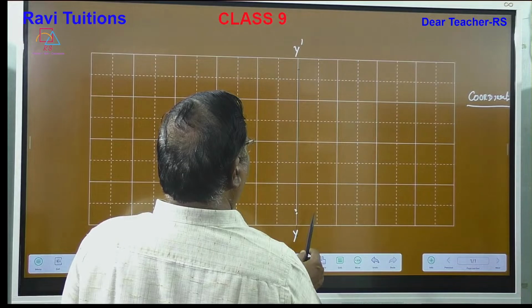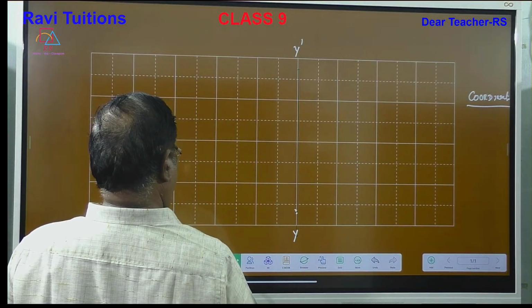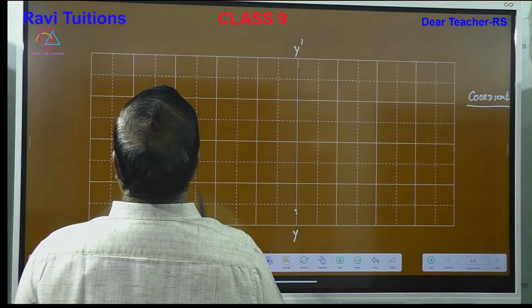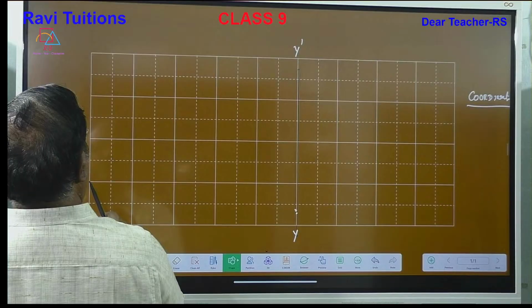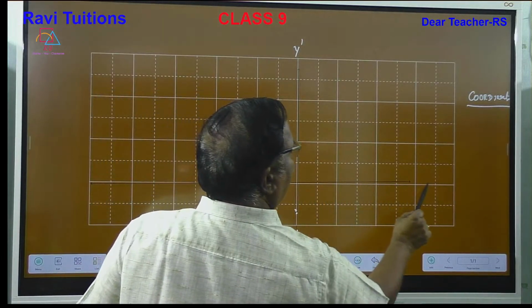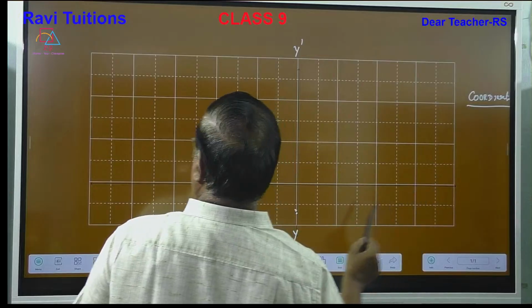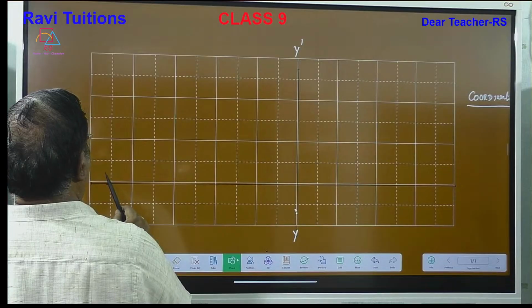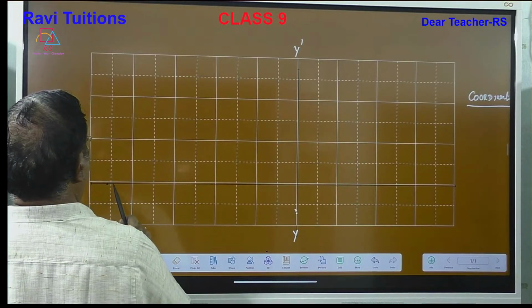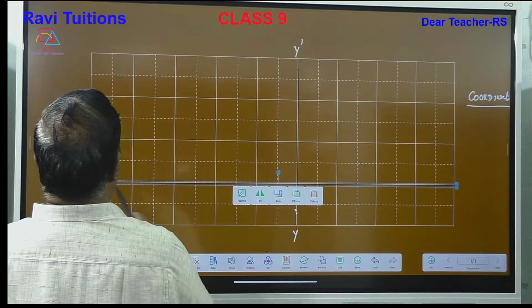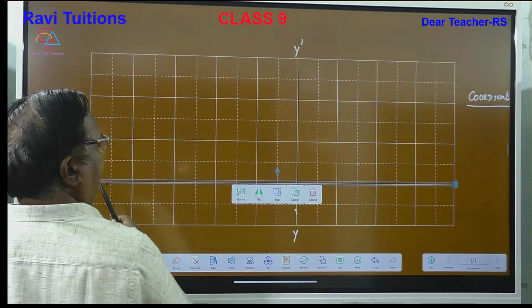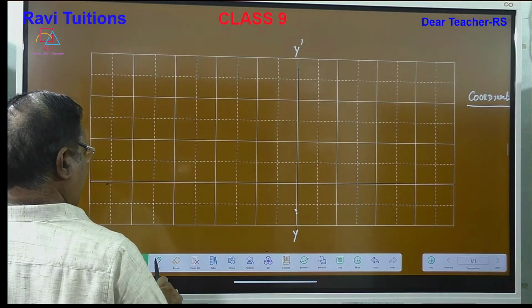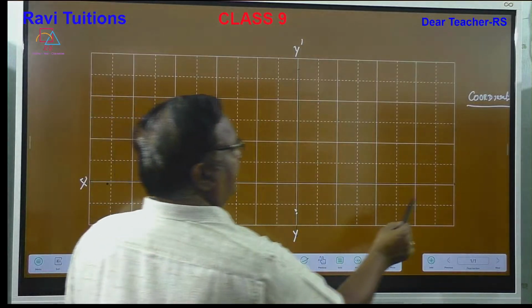So I will draw one more line, the x-axis here. I could not draw it properly, but it came. So I have drawn this x-axis.